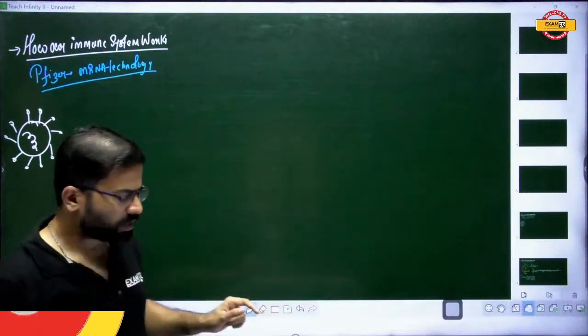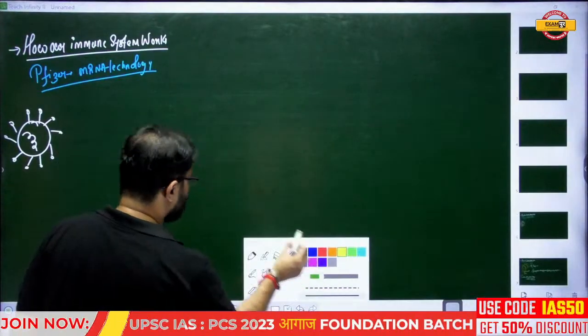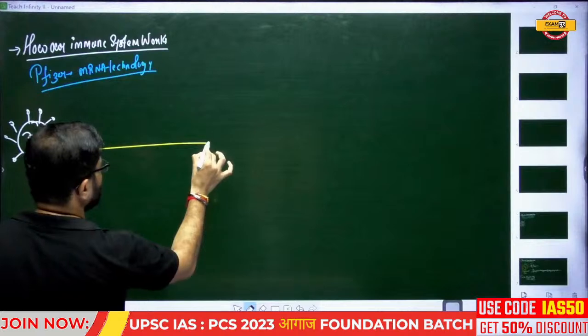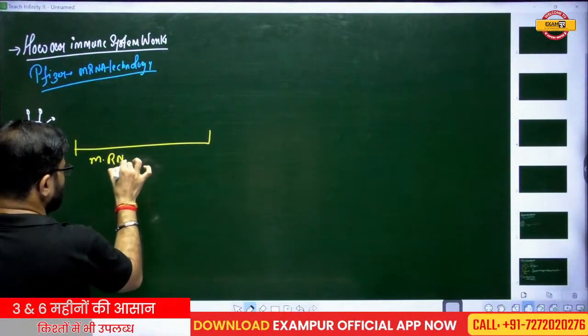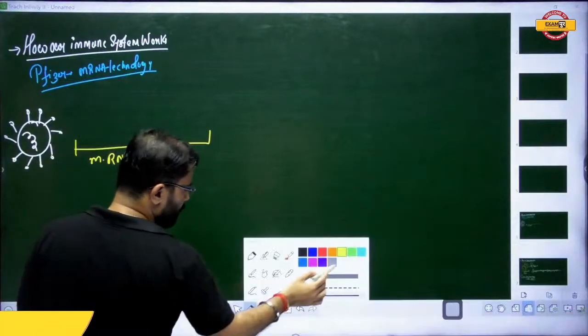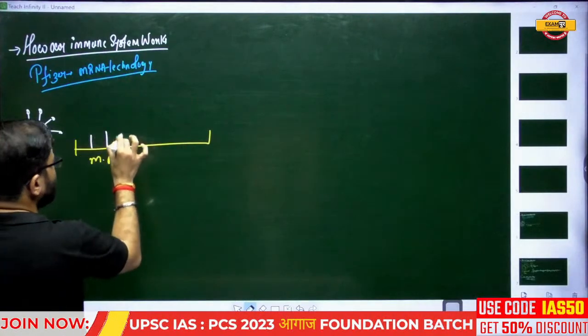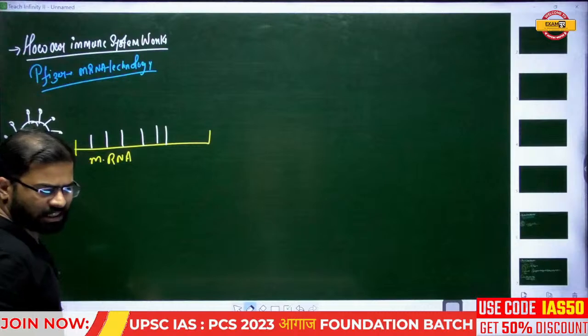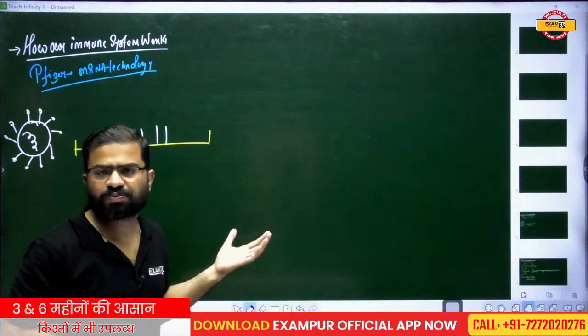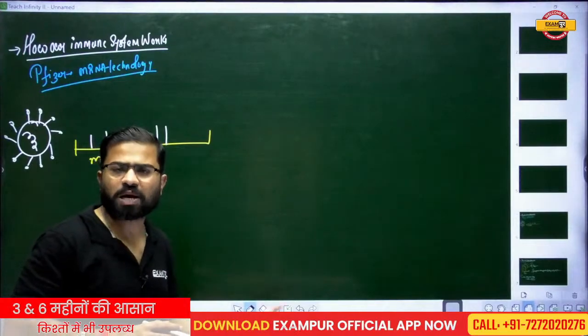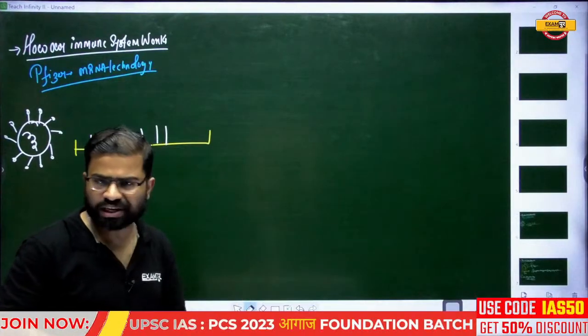So what will we do? We will take an mRNA strand, a messenger RNA strand, and in it we will feed genetic information. What type of genetic information? The genetic information of the spike protein, because we have seen that the spike protein is responsible for penetrating into a cell.